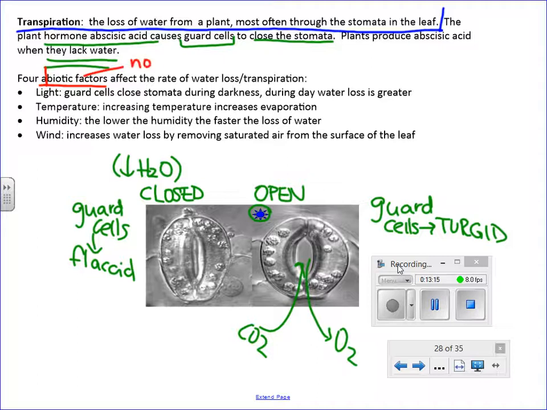That means not living. So the word biotic refers to things that are living. So we are talking about 4 factors other than living organisms, which could affect the rate of water loss, in other words, the rate of transpiration. The 4 factors: light, temperature, humidity, wind.